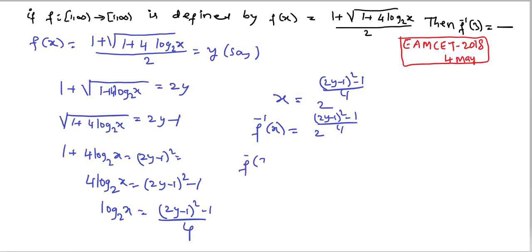So x is equal to 2 to the power of (2 into 3 minus 1) whole square, that is 25 minus 1 by 4, is equal to 2 to the power of 24 by 4, that is 2 power 6. The value of f inverse 3 is 64.